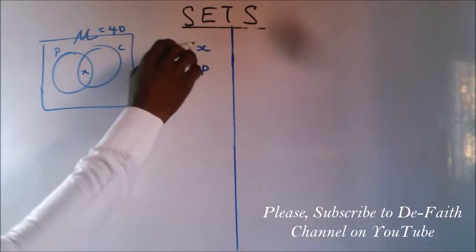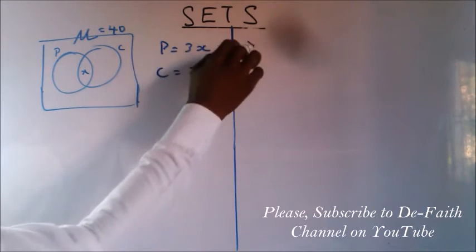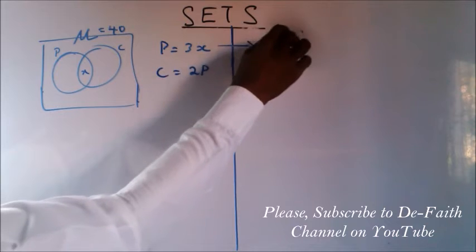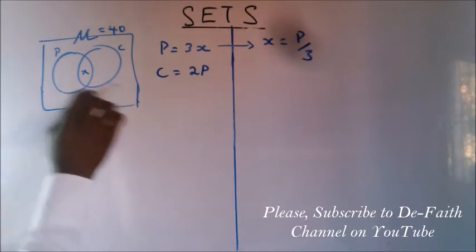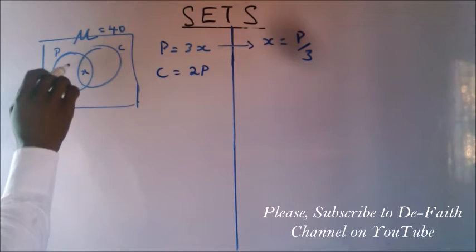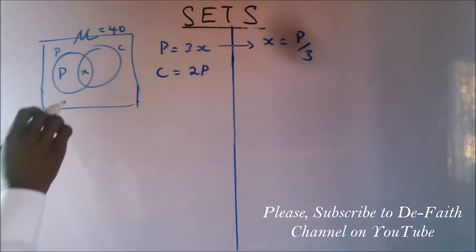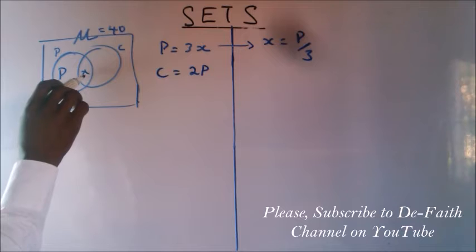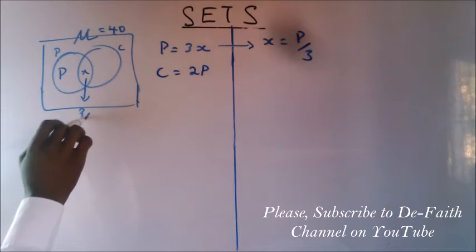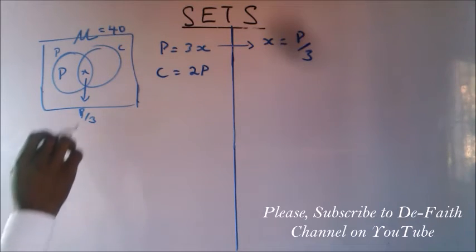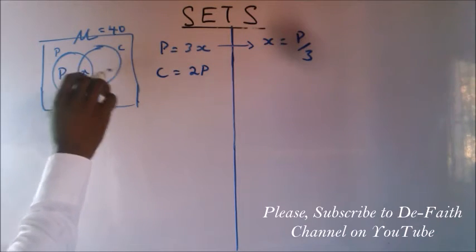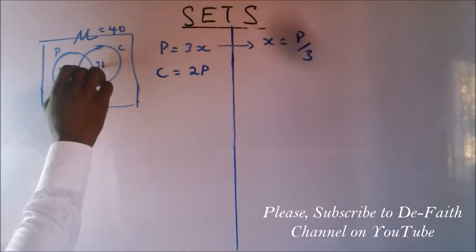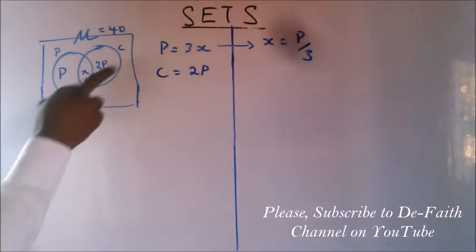And so what we'll do is this. We'll say that for this one, let x be equal to P over 3. Here we've made x the subject of this formula. And so in this place, we have P. And in place of this x, we'll put P over 3. And then in place of C, we'll put 2P. That is those for chemistry.